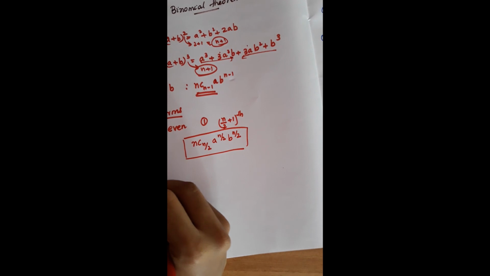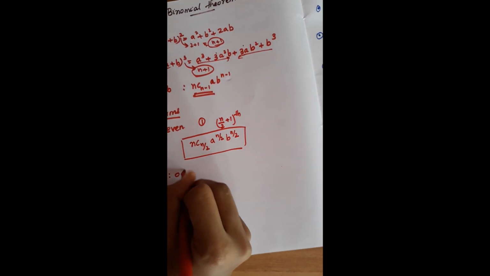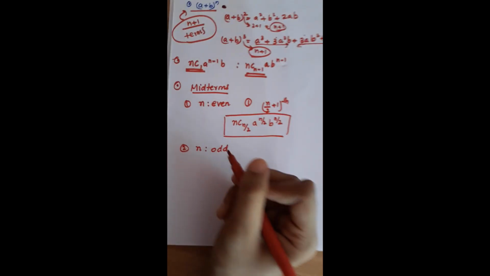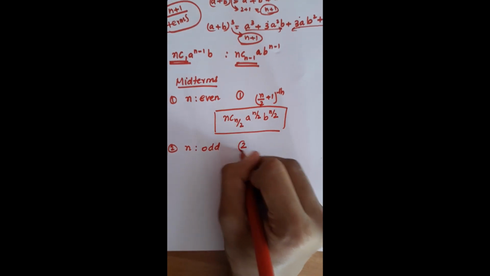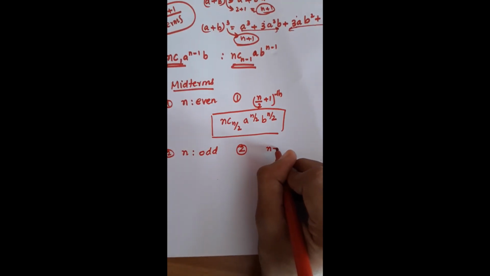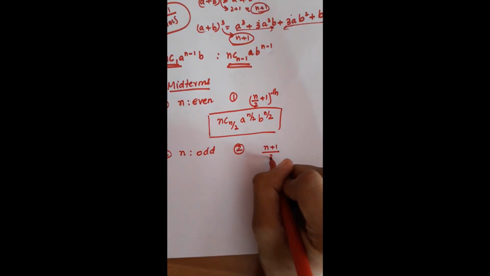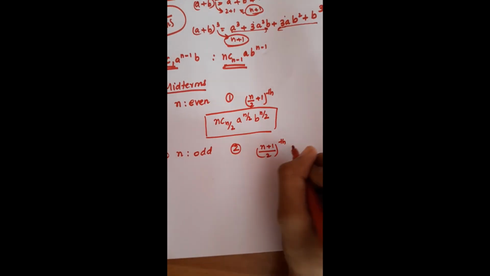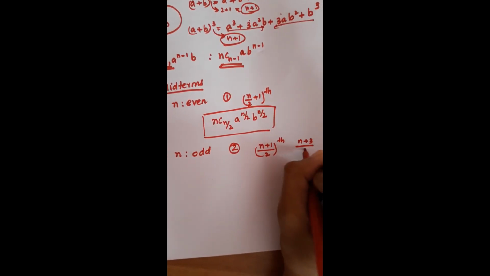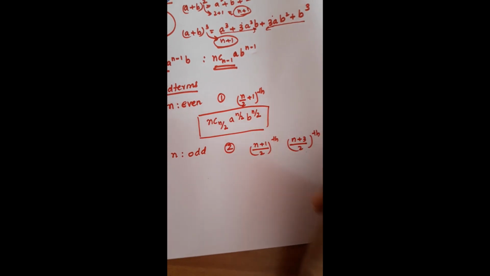Now when n is odd, what is the case? There are two midterms, which are the ((n + 1)/2)th term and the ((n + 3)/2)th term.